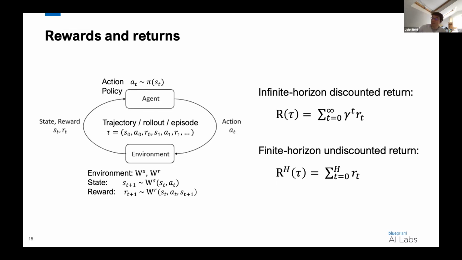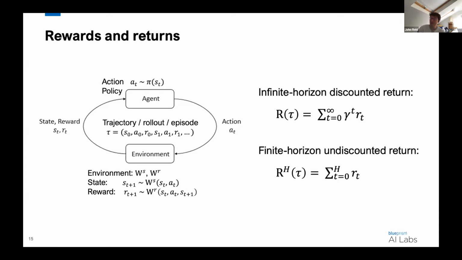So we can see on the right that we've got two different forms here. We've got an infinite horizon discounted return. This is where we look infinitely far into the future, but we discount all the rewards in the future with this gamma discounting factor. Or an alternative is just to look to a finite horizon, a set number of steps into the future, and not do any discounting. You can make a combination of both, but they tend not to work well in practice.